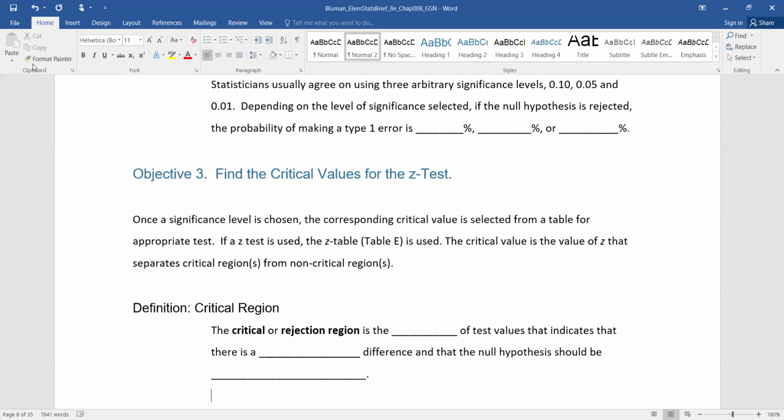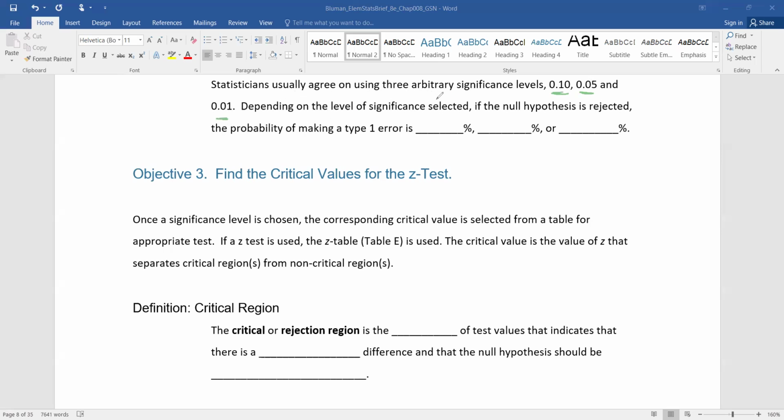So statisticians usually agree on using 3 arbitrary significant levels. We're either good with a 10% probability of making a type 1 error, a 5% probability, or a 1% probability.